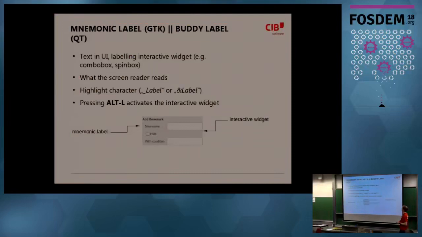How to do that? First of all, we need to make sure that controls have either the control itself or the control label has a mnemonic label, so that you can press Alt and this label character, and then you can get to that control. And when you do that, you get something for free, which is proper screen reader output.